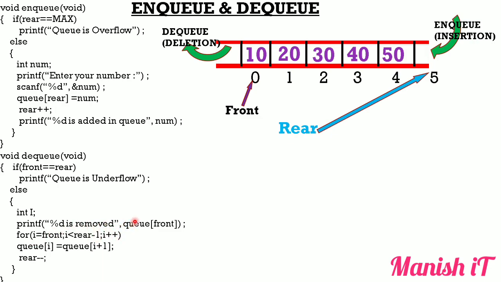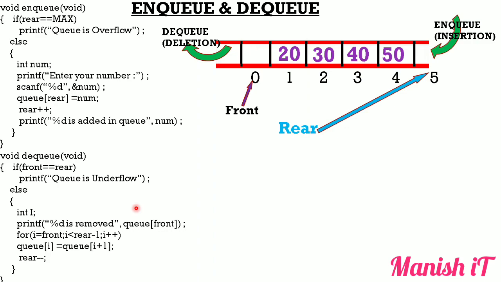Here q front, because deletion is always from the front position, so front is always fixed at 0, so we simply return q front. Whatever element is at q front is deleted first, and all the remaining elements are shifted towards the 0th location. See how it happens.